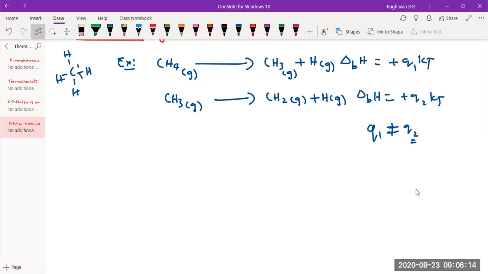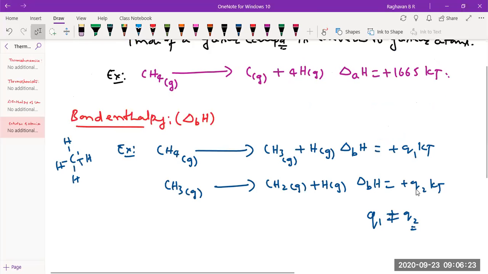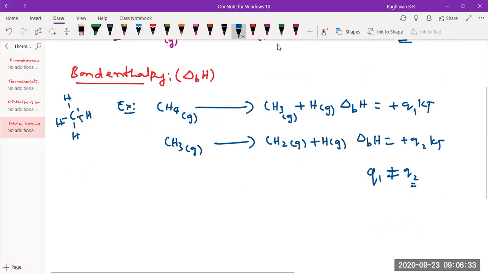If you keep breaking further bonds, the enthalpy changes will be different. You know this atomization enthalpy of methane indicates the enthalpy change required to break all the 4 bonds. Every bond you break, the heat required is different. In such cases, average bond enthalpy will be calculated.